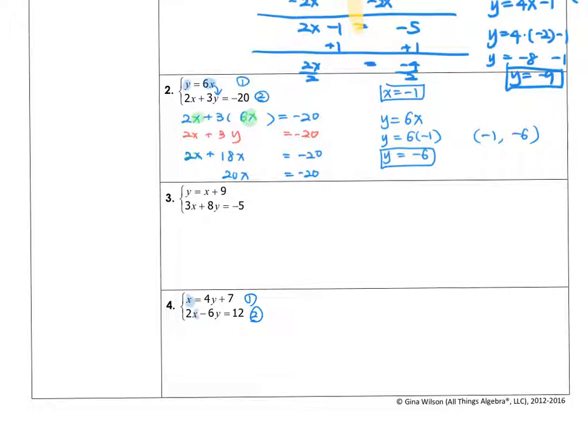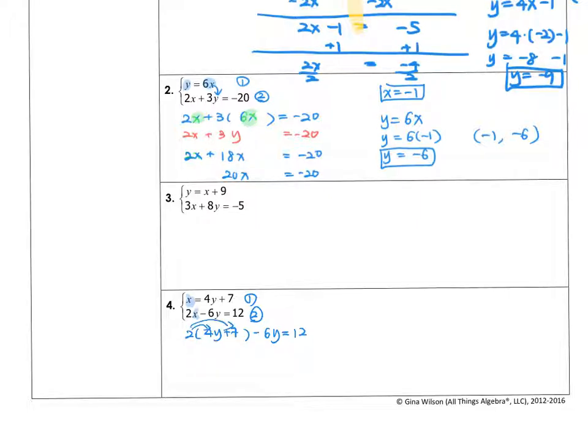Here is x. So then I just take whatever it is. If it's 2x, it's 2 parentheses minus 6y equals 12. That's the second equation. Now, rather than 2x, because x equals 4y plus 7, I just replace the x with 4y plus 7. And now my equation only has one variable.